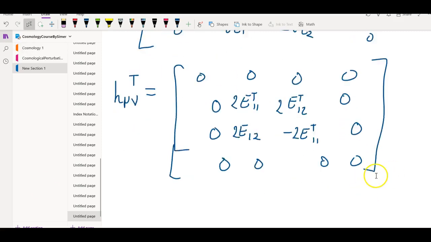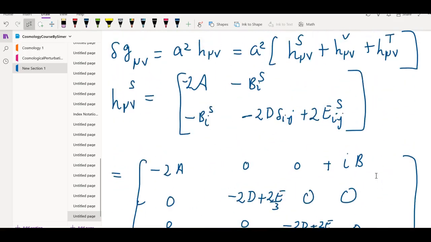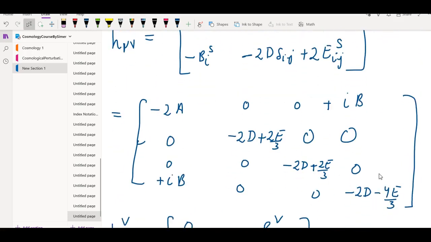So we can write delta G mu nu scalar. Delta G mu nu scalar will be this thing multiplied by a square in front. So delta G mu nu scalar is equal to this, a square here.